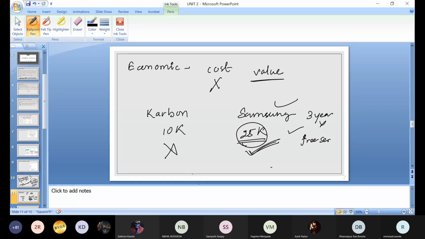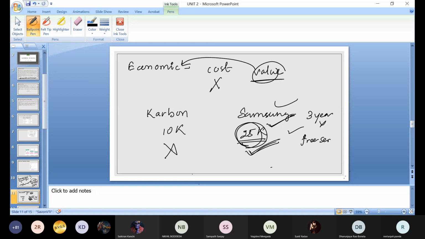If you are paying some amount of money for anything, you see how much service you can get from that product, how long you can use it, what its lifetime is. That is the value. Depending on the value, we decide whether the product is economic or not.